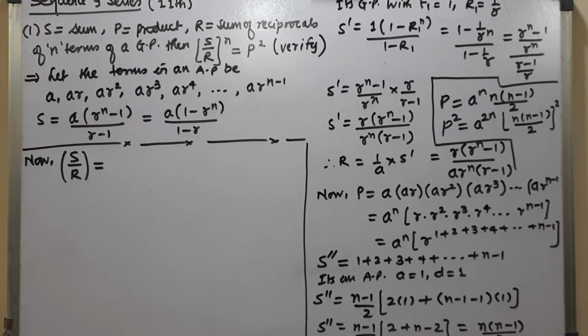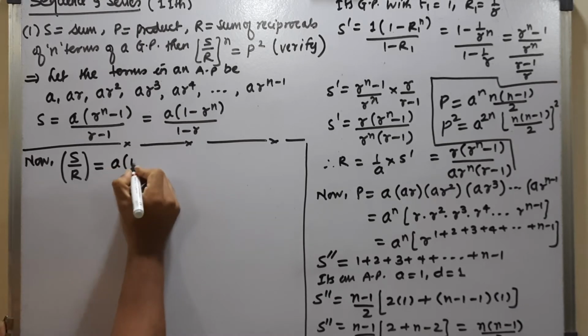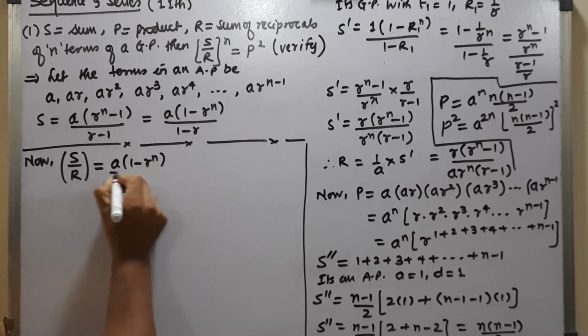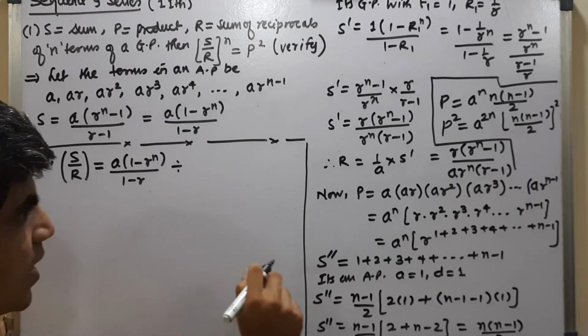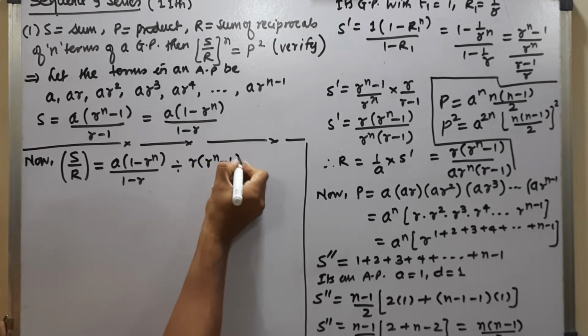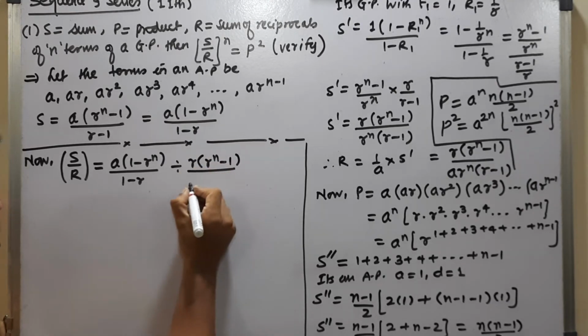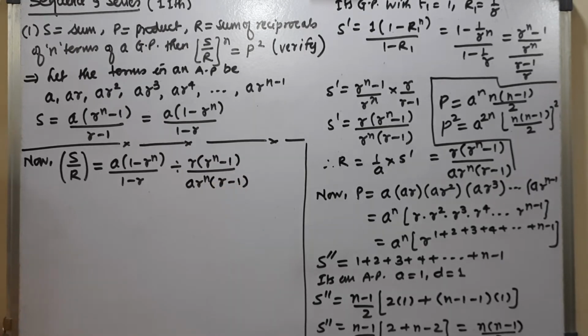Now coming to s upon r. So s is, I have taken this one I think, a into 1 minus r raised to n upon 1 minus r, divided by r. R is this one, r into r raised to n minus 1 upon a r raised to n into r minus 1.